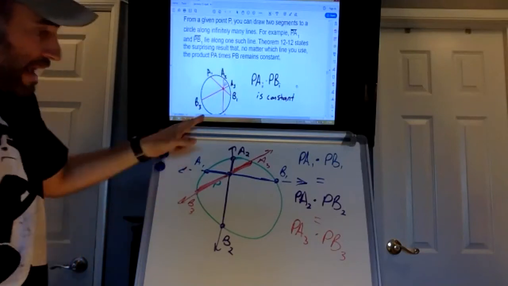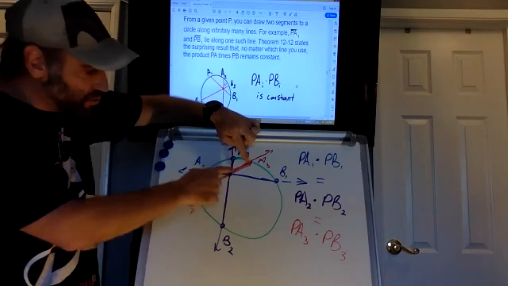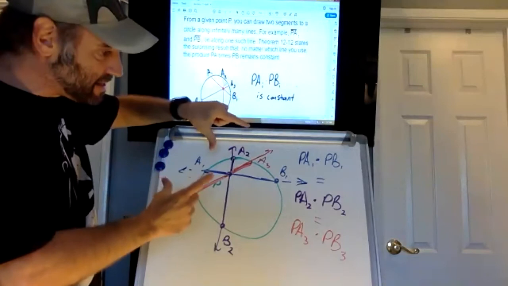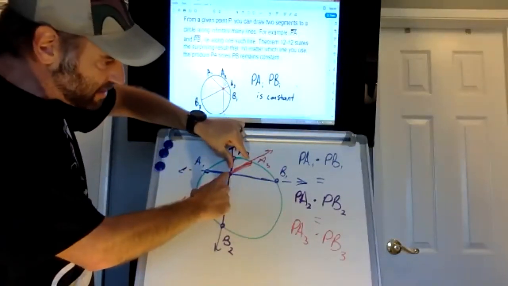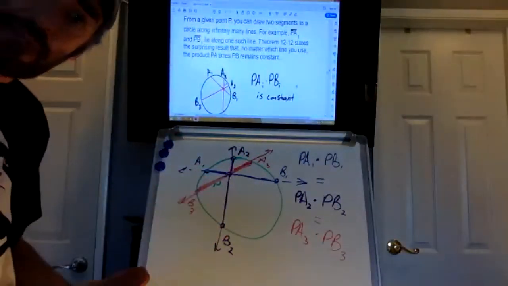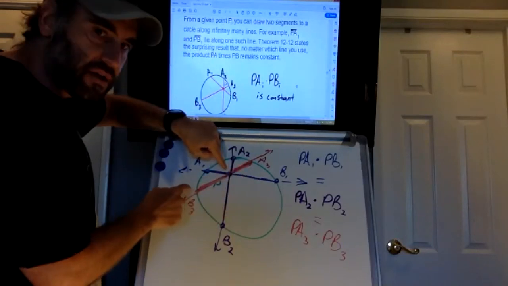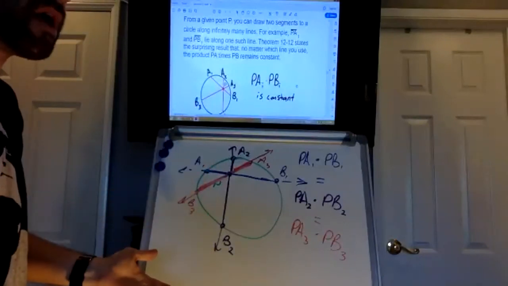Any line you draw, wherever it makes contact with the circle, it's going to do that in 2 places. Always in 2 places. So because it does it in 2 places, you're going to have 2 different segments that you can multiply. You'll always be able to get the product of 2 segments. What 2 segments? It's from the point to the circle, from the point to the circle the other way. There's 2 ways to get from the point to the circle along a line, any given line.